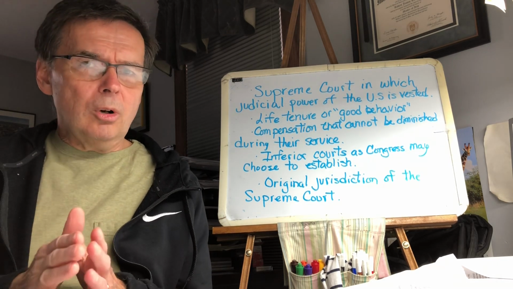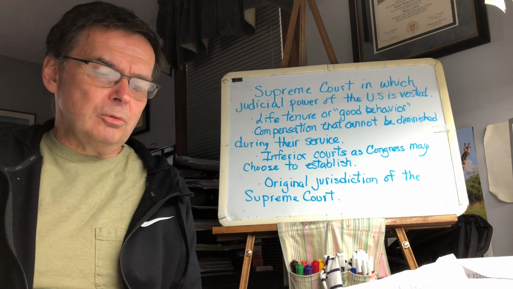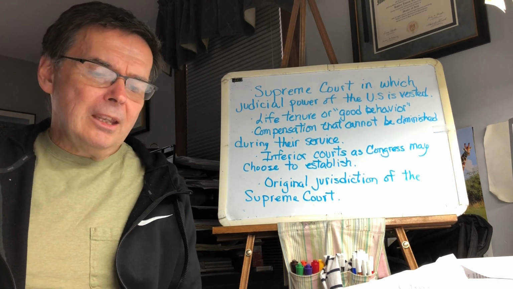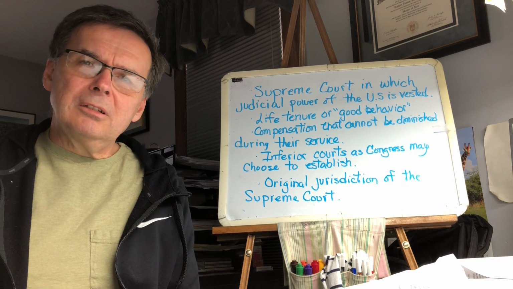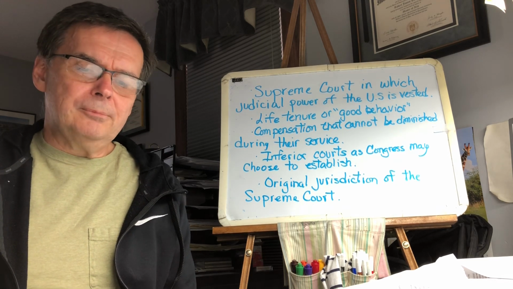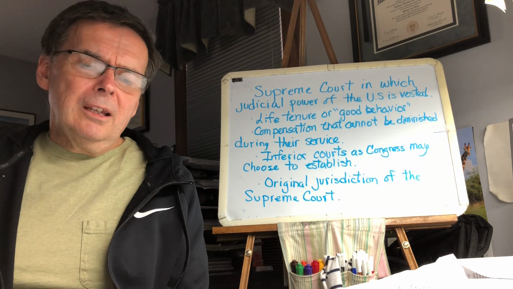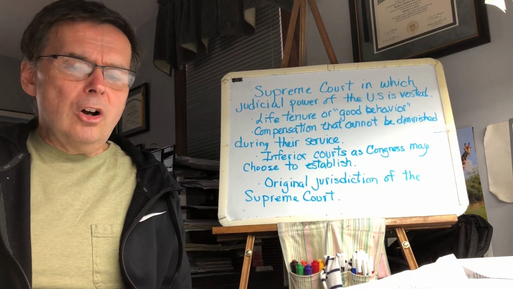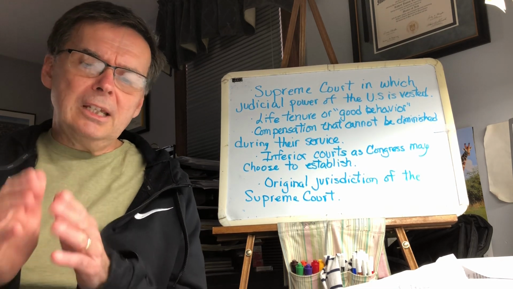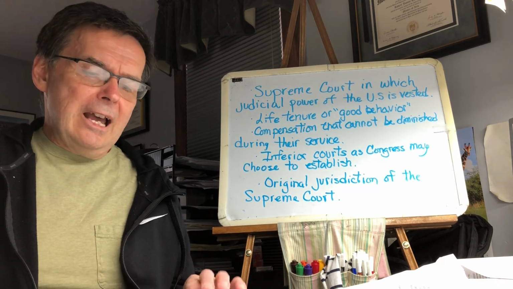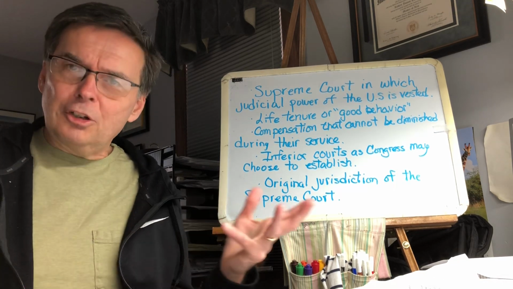The Marshall Court established the power of judicial review for itself and posterity in Marbury versus Madison of 1803. Marbury's long-term effect has been to give additional powers to the court and allow them to determine what the Constitution means.